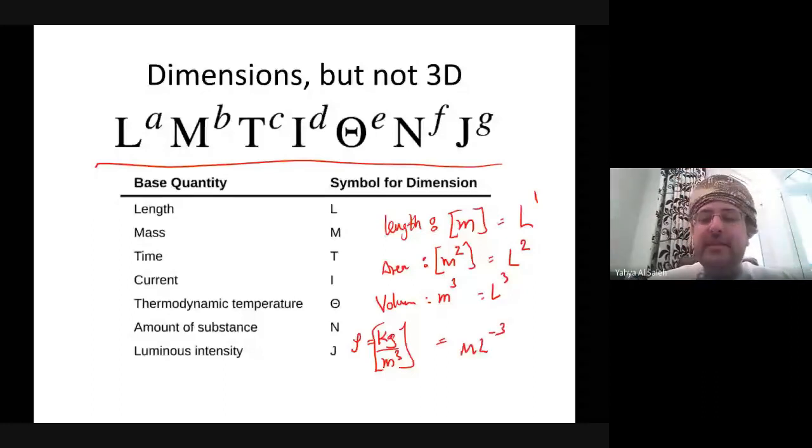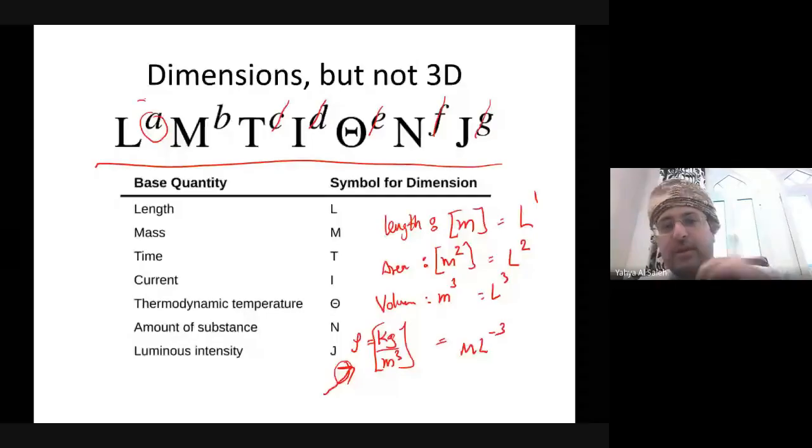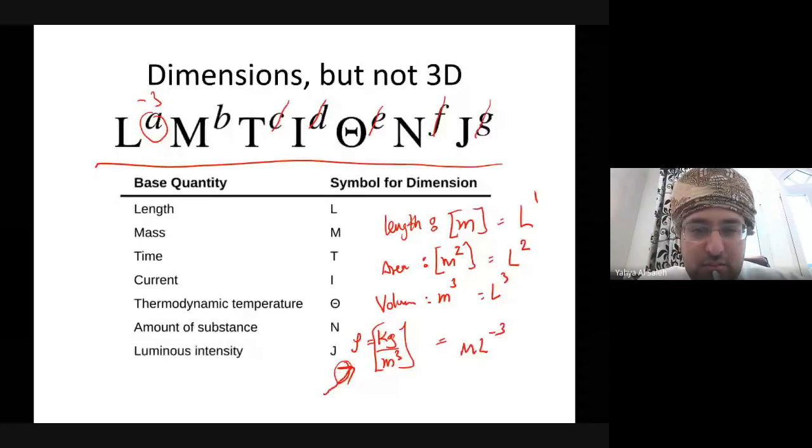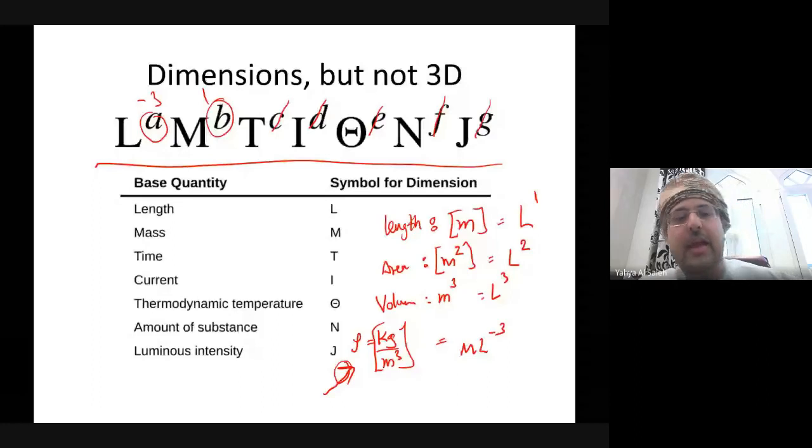So it means for this one, F is 0, E is 0, D is 0, C is 0, A is minus 3, and B is 1. Right? For density? Yes.